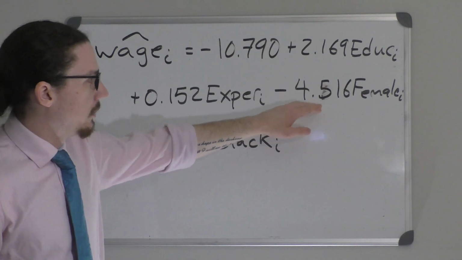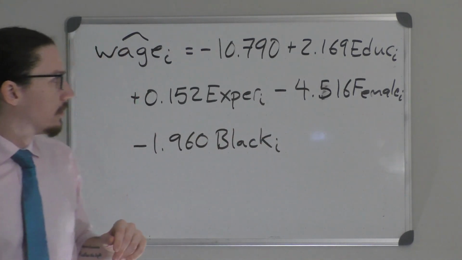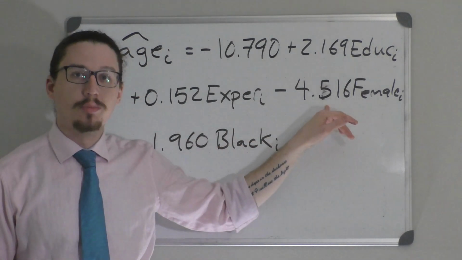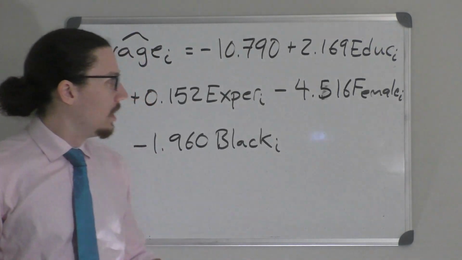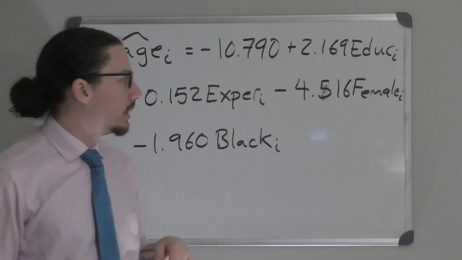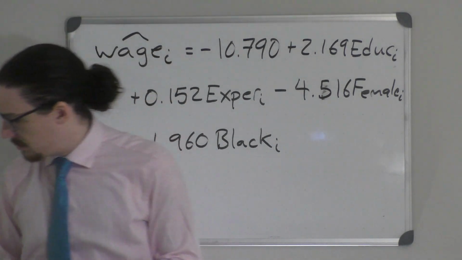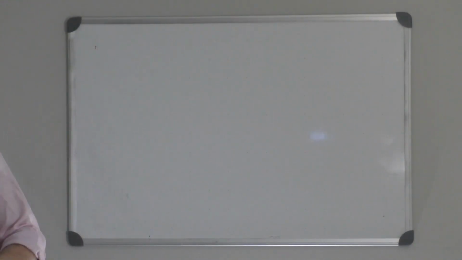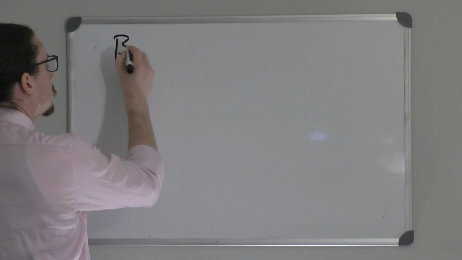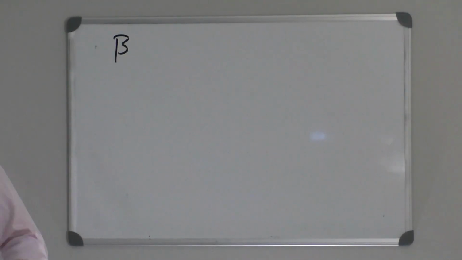All right, so for example, if we're interpreting beta 3, the coefficient, or b3, the coefficient associated with our variable female, it's negative 4.516. Actually, I'm just going to write this up here.